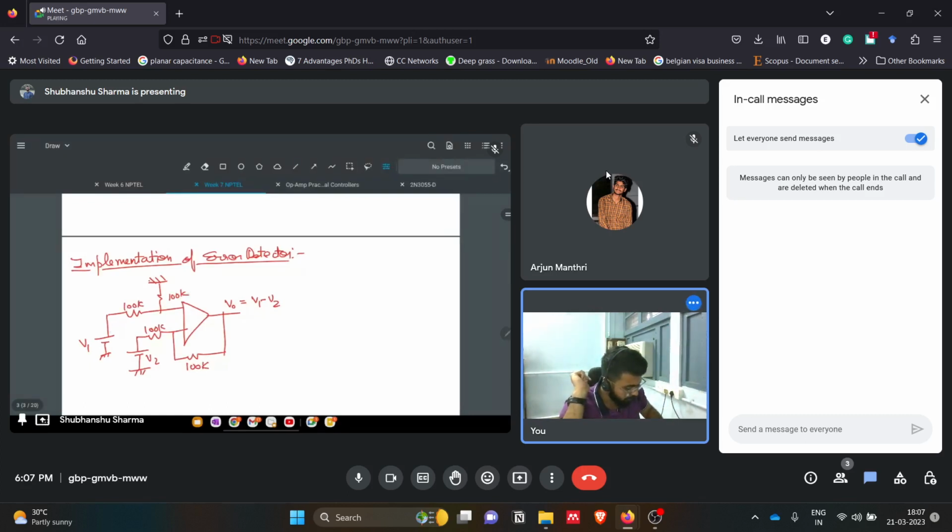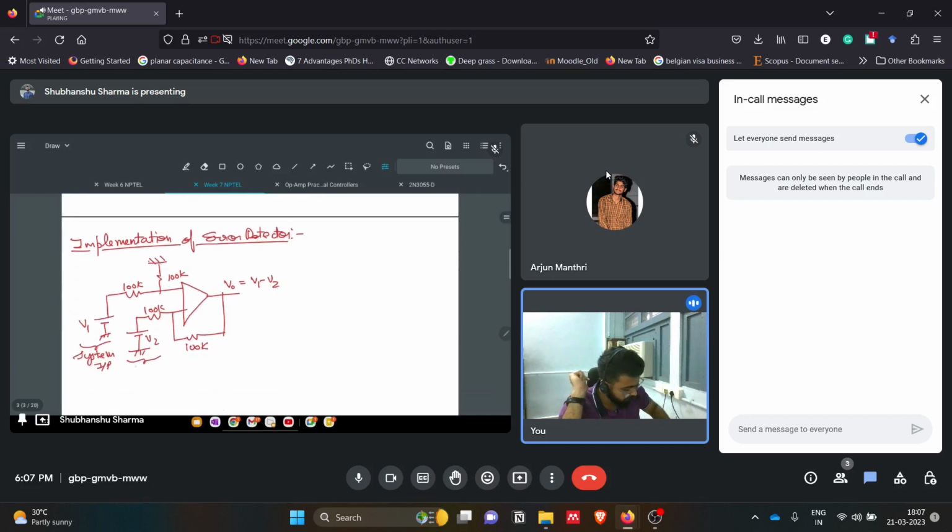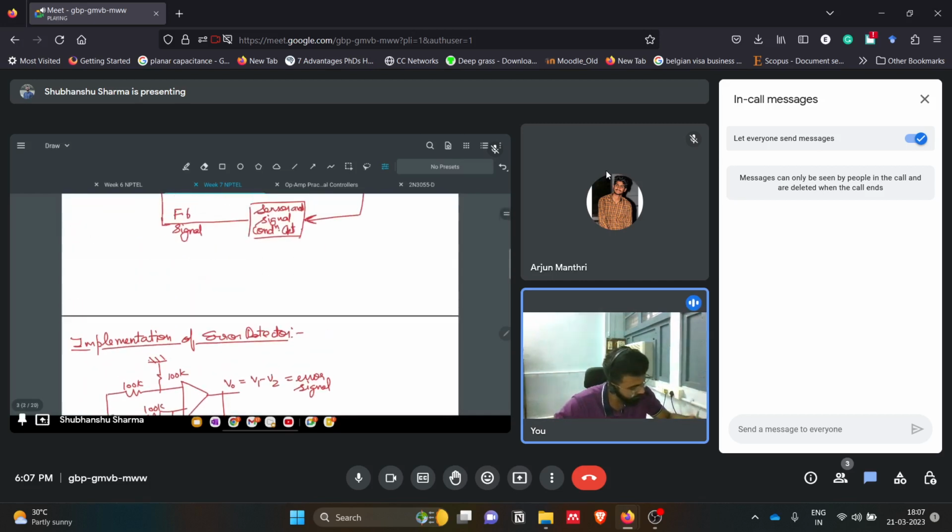So this we can consider as our system input, and this we can consider as our error feedback signal. So the output which we'll get here will be the error signal.